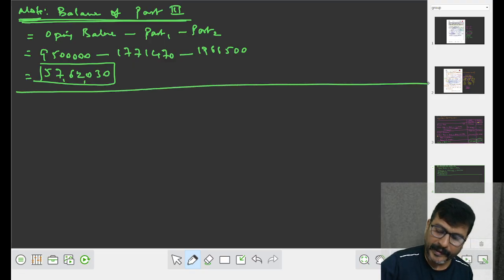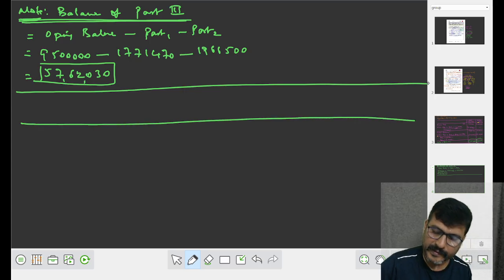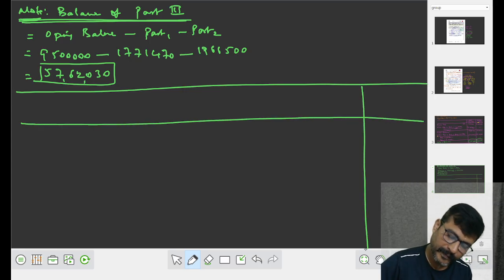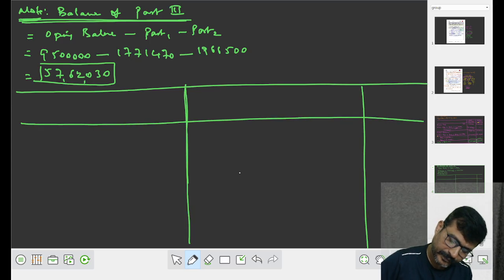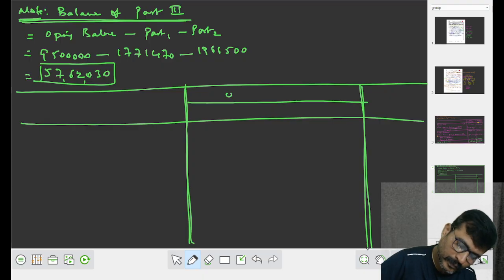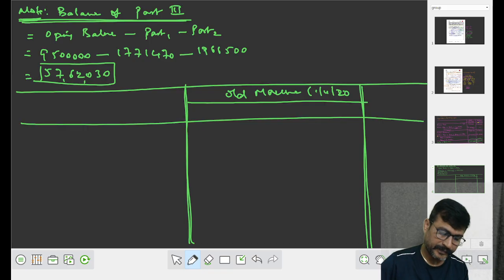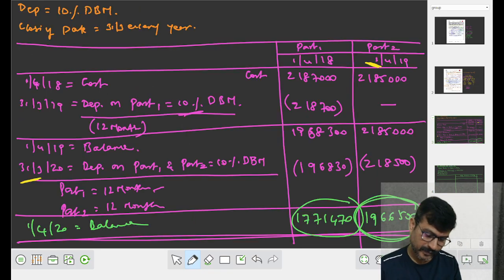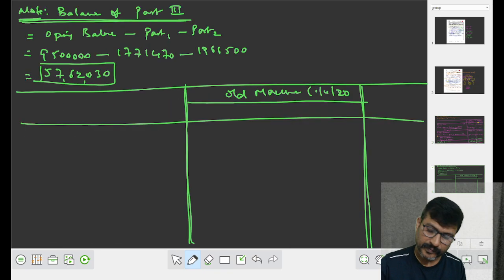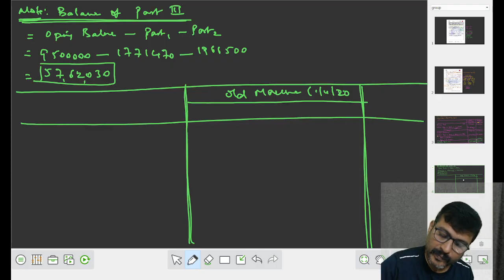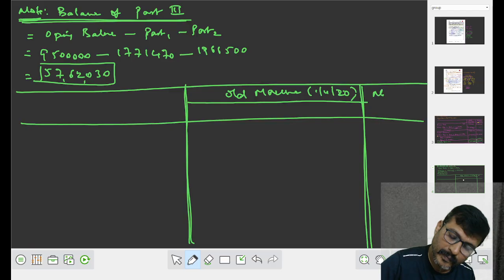Now you prepare a table, my dear students. Old machine, 1st April 20. New machinery.